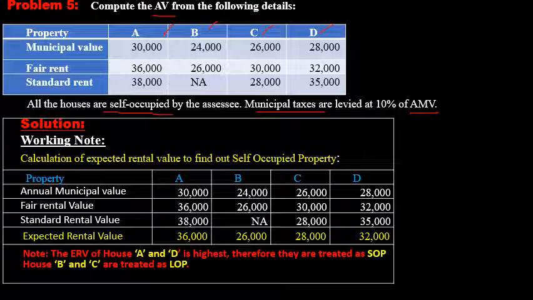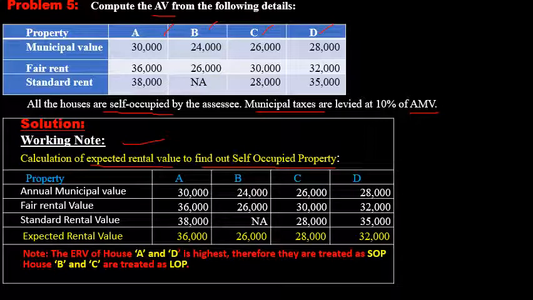So first we will do the working note to find out which one is a self-occupied property. Working note: the calculation of expected rental value to find out self-occupied property. First you have to calculate the expected rental value of all four houses, meaning the houses used for residential purpose. This is applicable whenever the SSC uses more than two houses for residential purpose.